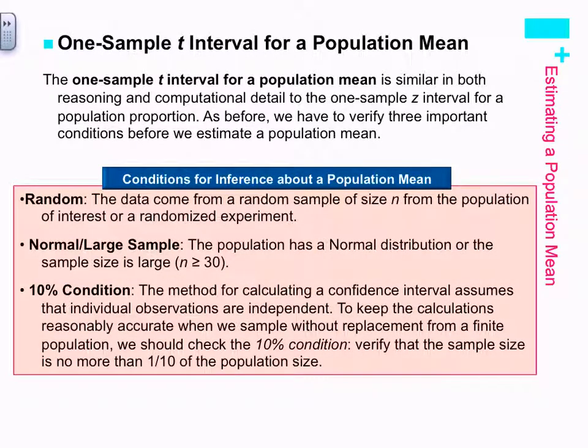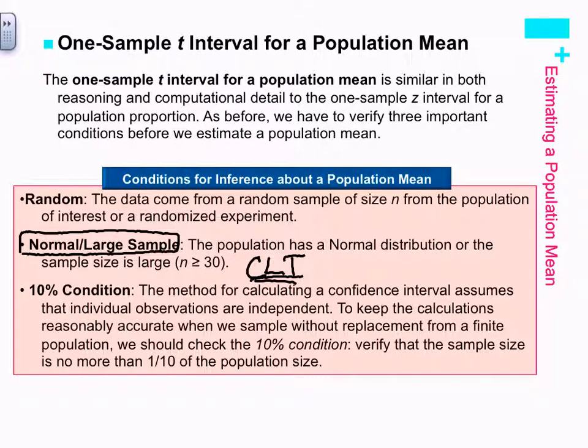Much like what we have been used to, we do have to check conditions for inference about a population mean, and they are the same, but the only one that is slightly different is our normal large sample. So this one is a sample mean. That means that your central limit theorem can be applied.